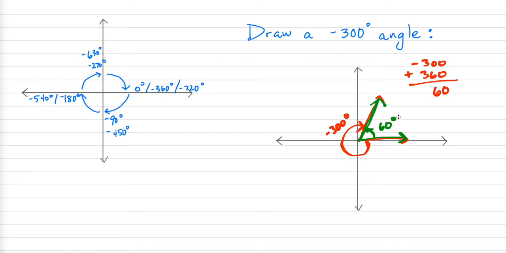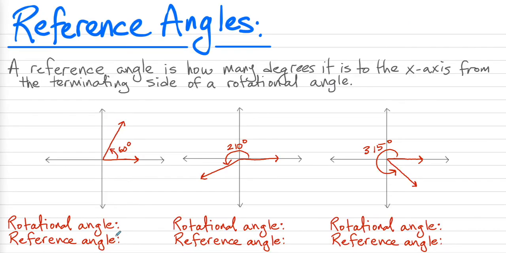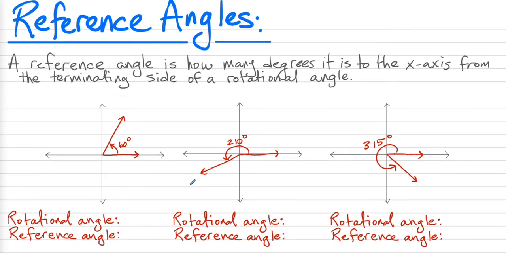So then for the coterminal, do we have to draw it? Oh no, I got what you're saying. If you're asked to find coterminal angles, you're just going to be asked to find the number, not draw it. It would be kind of silly for me to have you draw a coterminal angle because it's the exact same spot. I didn't realize what you were trying to ask. Okay, reference angles are what you're going to use a lot more.